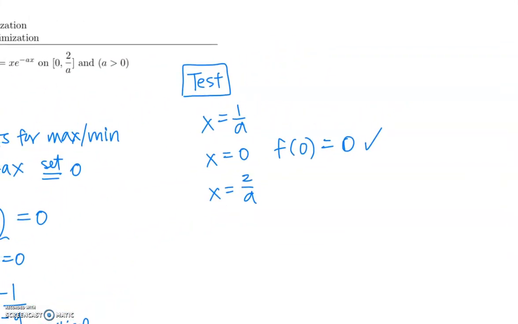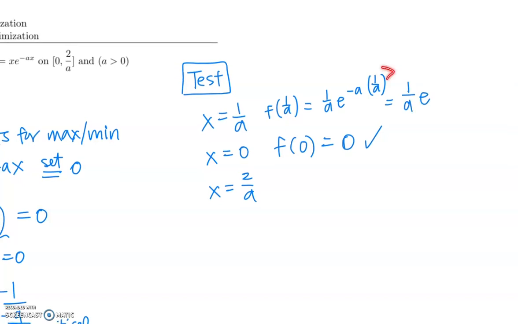So let's zoom in on this. f of 1 over a, we just have to plug that into the original function. So that will be 1 over a times e to the negative a times x, which is 1 over a. Okay, so negative a times 1 over a is negative 1.